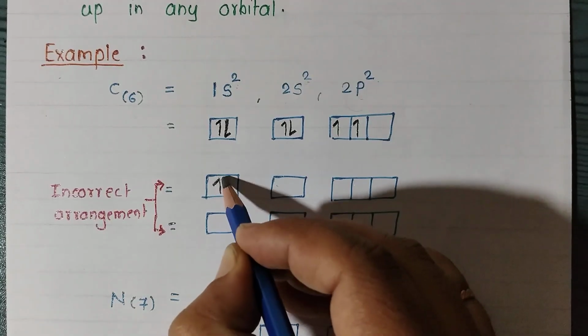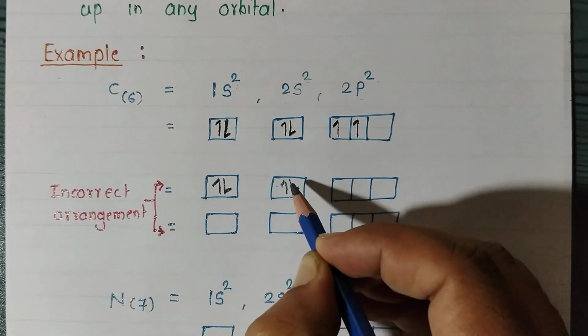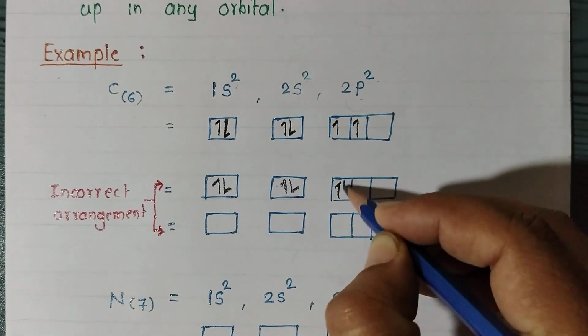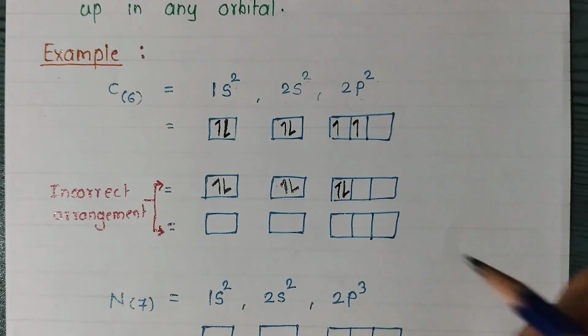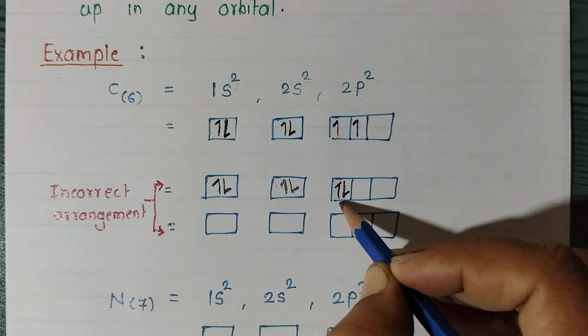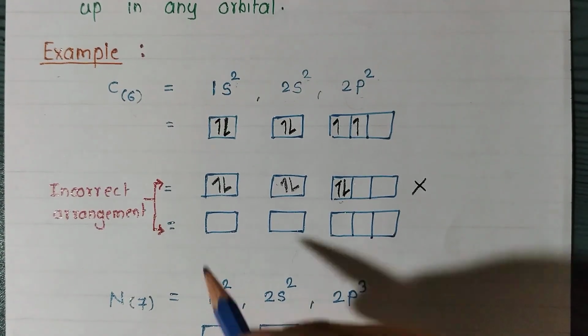In 1s it is equal, 1s2, in 2s also equal, 2s2, but we cannot fill electrons in this way. So these two electrons we cannot fill in this way. So this is wrong according to Hund's rule.